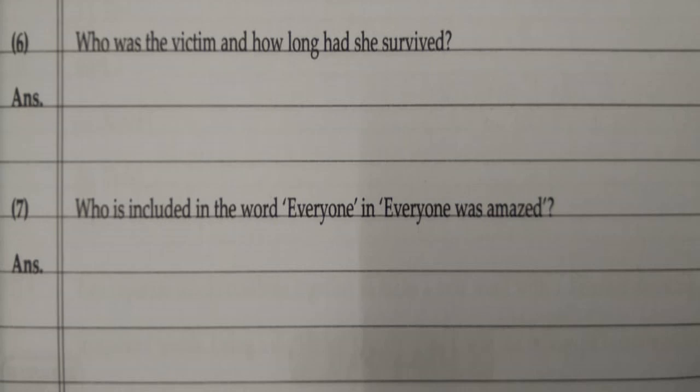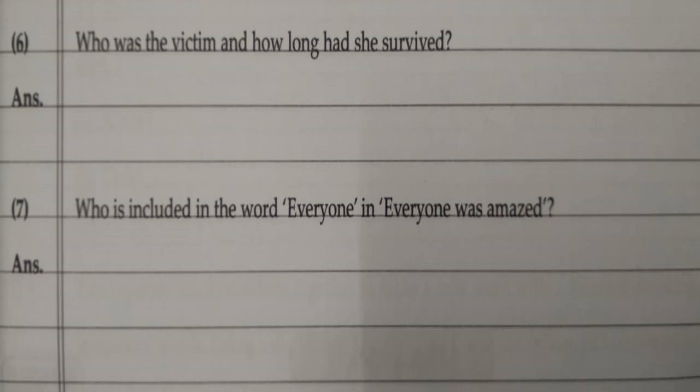Now moving on to the next question. Who is included in the word everyone in 'everyone was amazed'? Right? So you have to write the answer. Who is included in the word everyone? Now, everyone was amazed, that was the sentence. Everyone, that word will be as it is given in the question, in inverted commas.